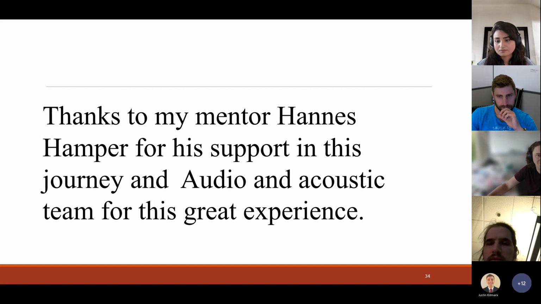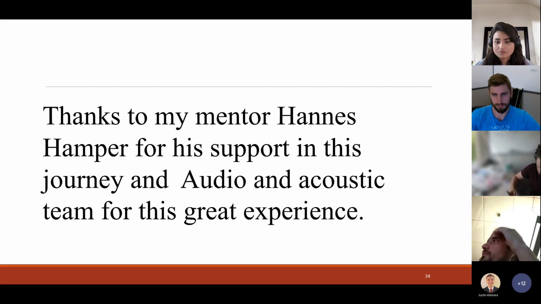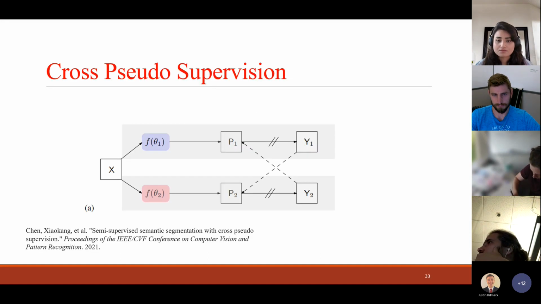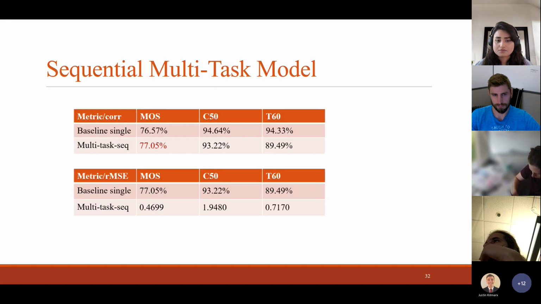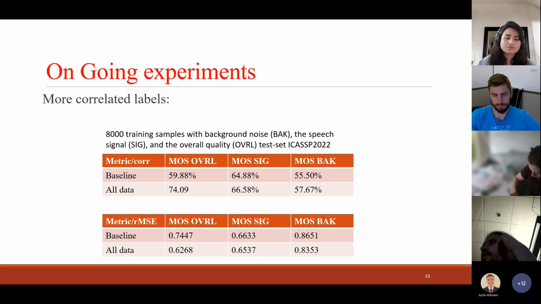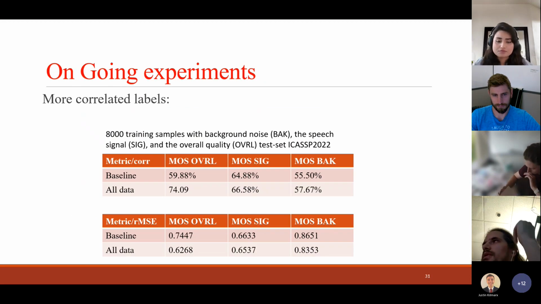I can maybe add one note here. Haleh, if you go back to the results for MOS BAK and OVRL, these results are actually quite encouraging. So we noticed a problem with our training set.